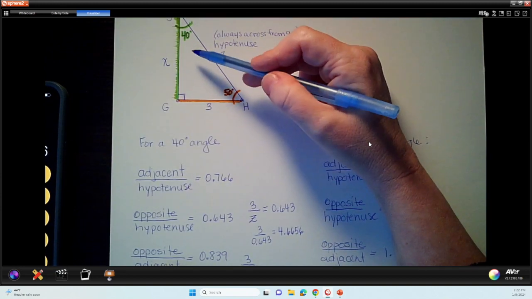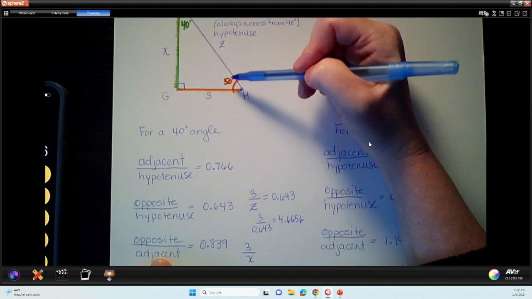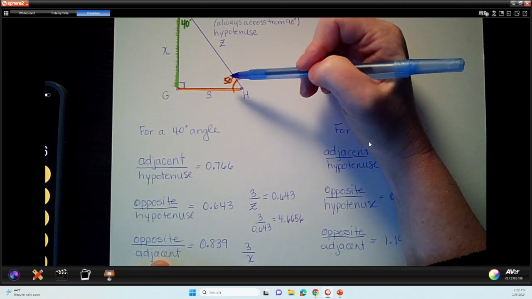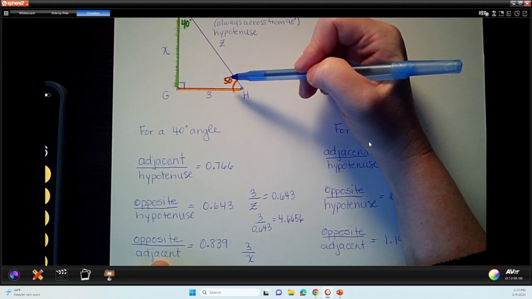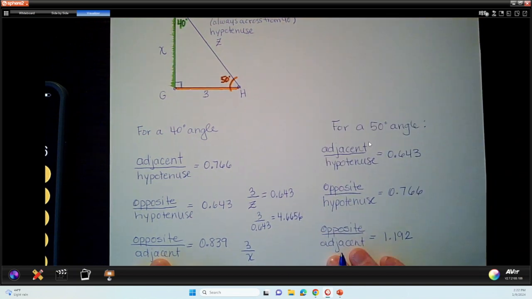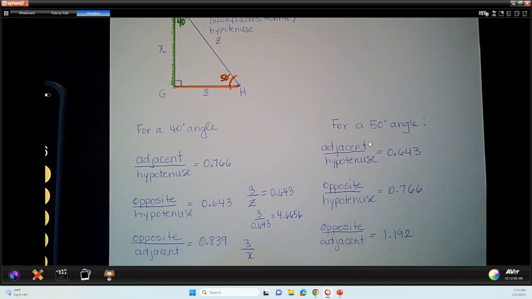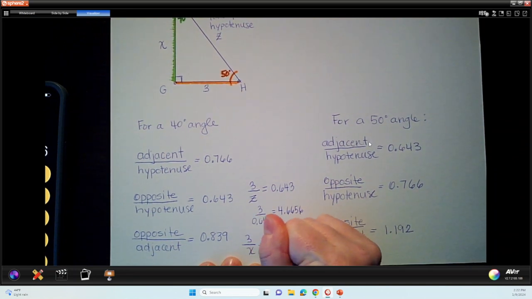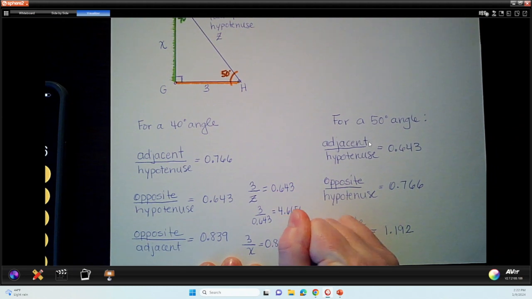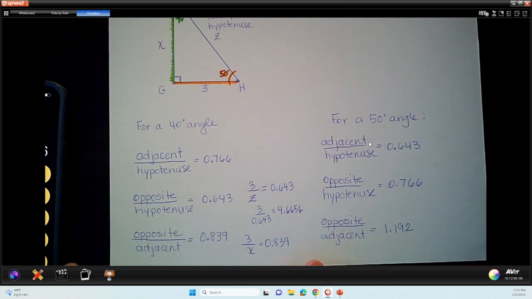I don't know the adjacent. Okay, so I had to think about that for just a second. I don't know the adjacent. Okay, so here we go. 0.839. All right, let's see if this works.